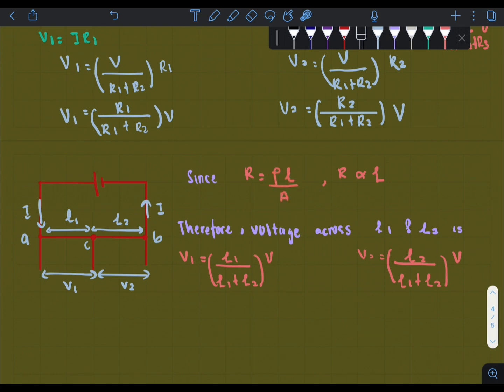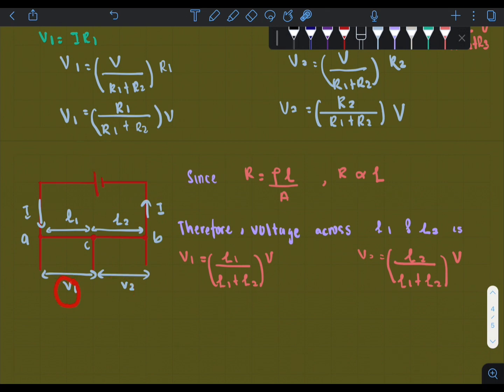We can say that resistance is directly proportional to the length of the wire. Therefore, if the length of the wire is given, this length will also affect the resistance. Therefore, it will also give us a certain amount of output from the total voltage here.